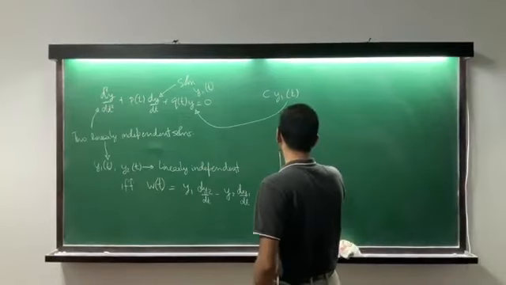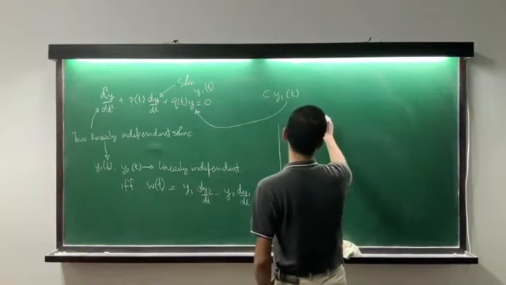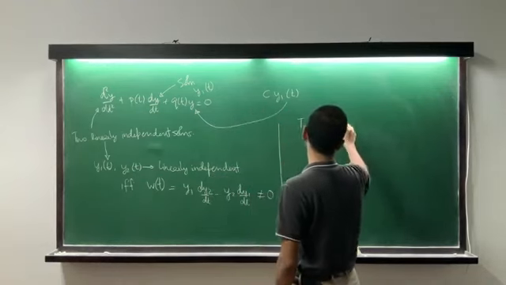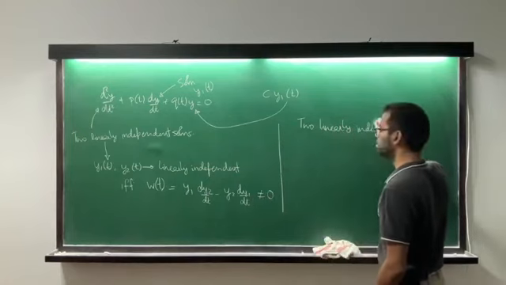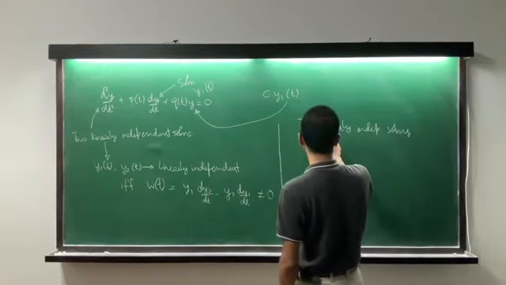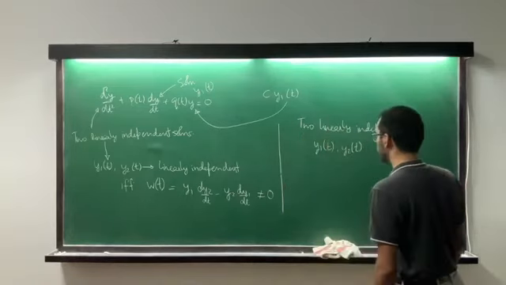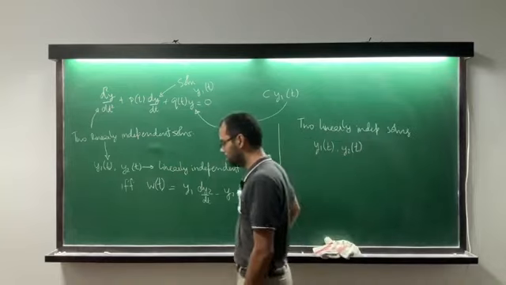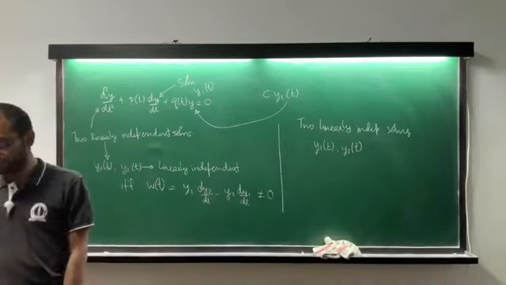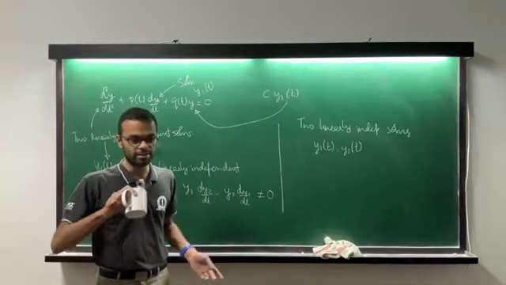The other thing starts from here. Remember, I mentioned there are two linearly independent solutions, y1 of t and y2 of t. When you have two independent vectors in a vector space, what can you do? You can use them as a basis, right?